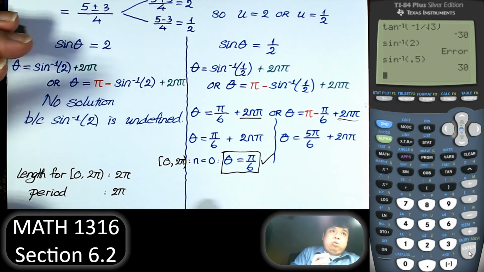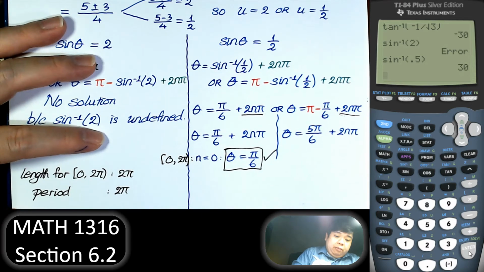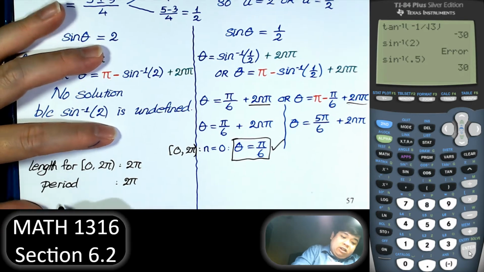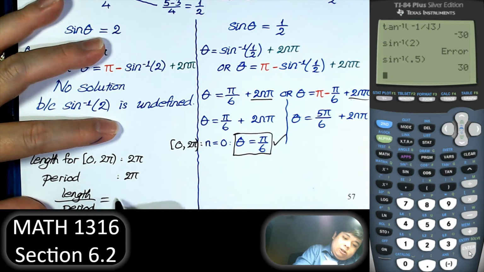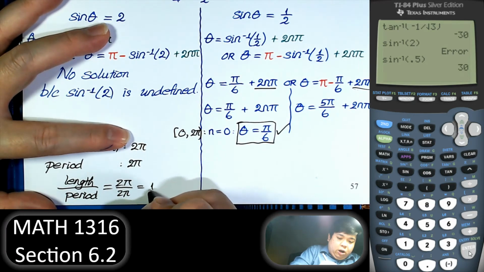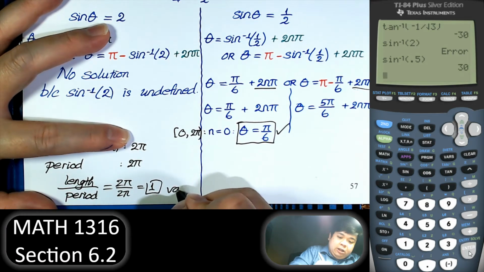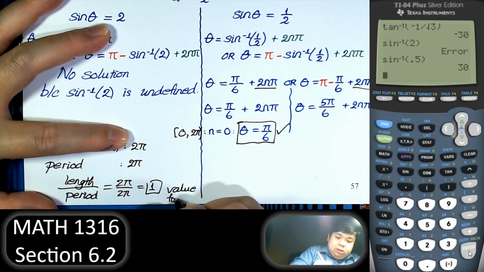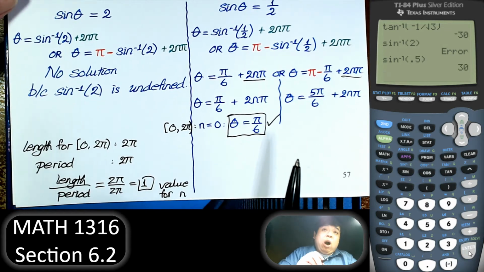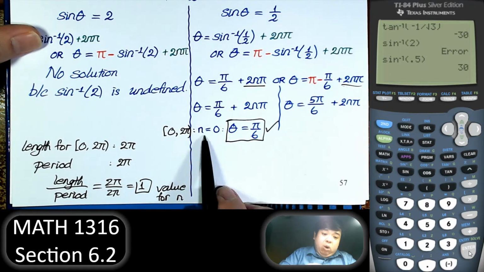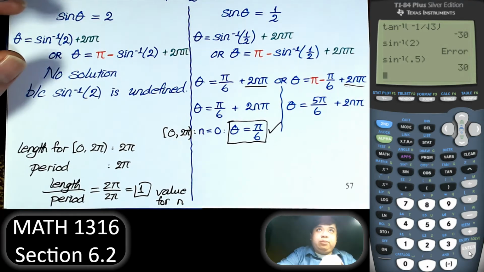So the length is 2 pi, the period is 2 pi. If we take the length divided by the period, 2 pi divided by 2 pi, the answer is 1. That is 1 value for n. So in our problem, there's only 1 value for n that will work, and when we find that, that is our solution.